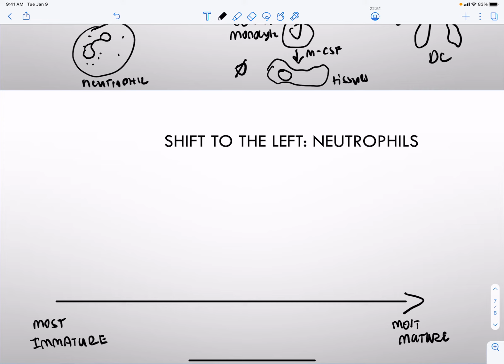And so there'll be some sort of threshold where you'll have bone marrow, and then you'll have circulation. Now, in your normal circulation, you will always have, with respect to your neutrophils, multi-lobed neutrophils.